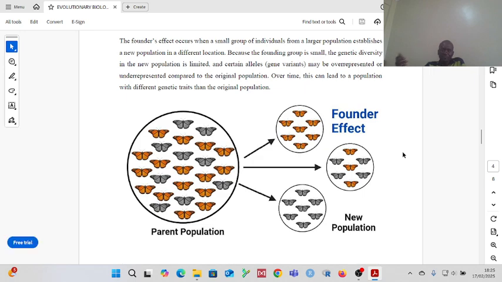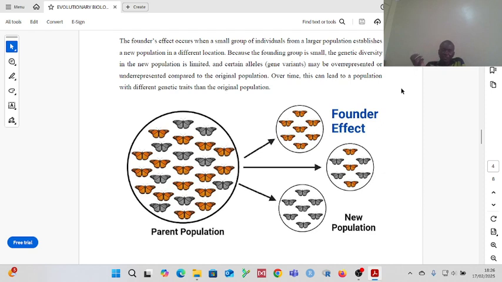So over time, when these populations that moved away, these founding populations, keep on reproducing, keep on producing new populations, each of them, because it is carrying a different genetic diversity compared to the parent population, it is likely that the populations that result from them will have different genetic traits compared to the parent.